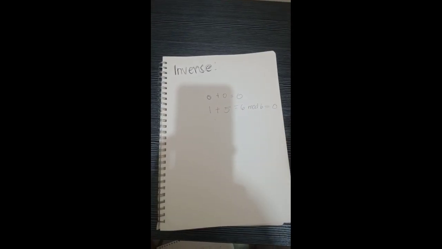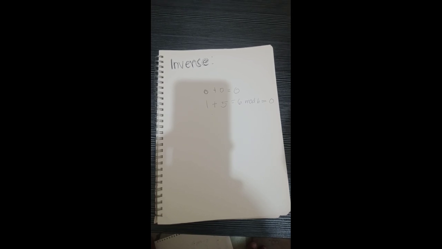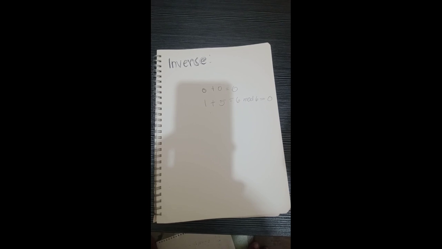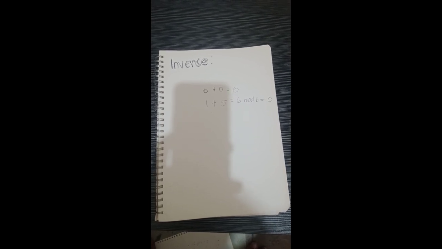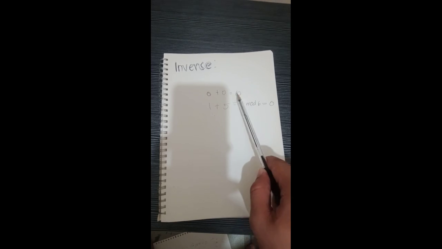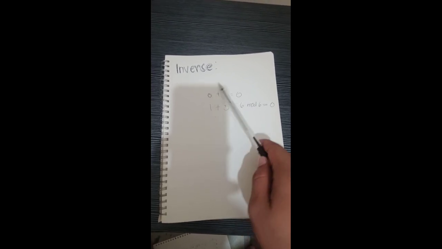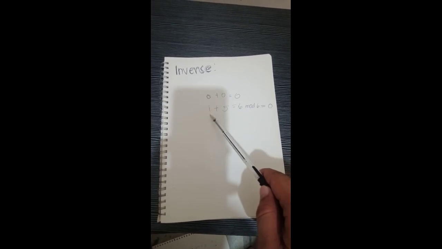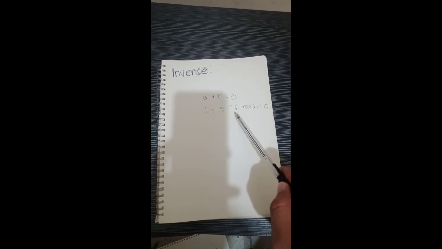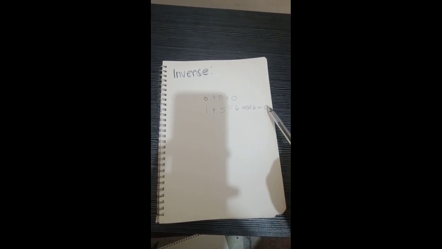Next is the inverse. Dito naman sa inverse, you must be able to find another number in G that cancels out A under addition modulo 6 and gives the identity, which is 0. So, dito na nga, 0 plus 0 is equal to 0. Yung 0 natin is yung element. And yung element na naman is 1 plus 5 is equal to 6, mod 6 is equal to 0.